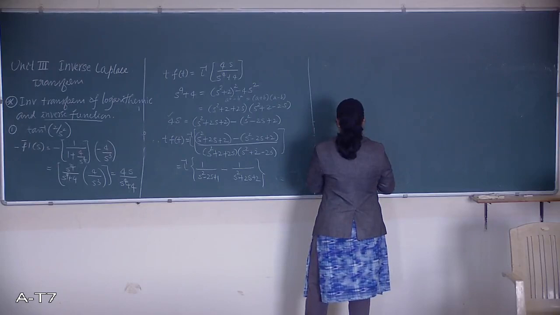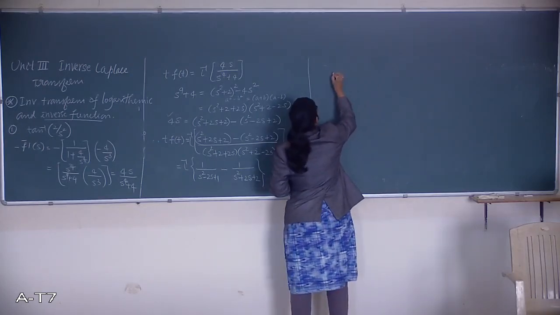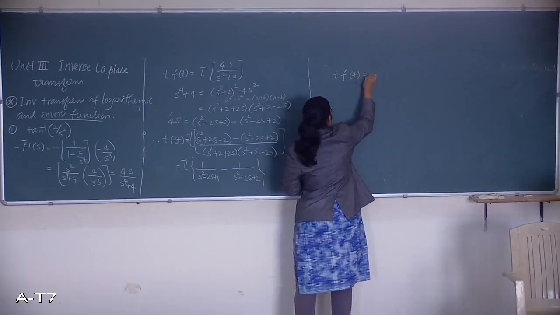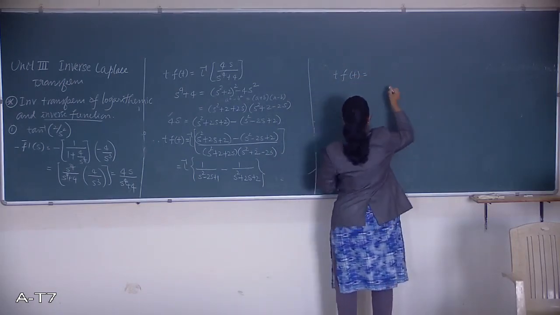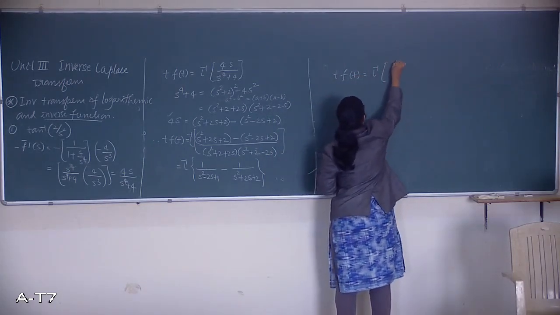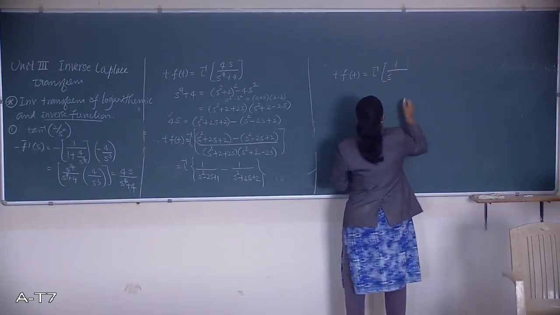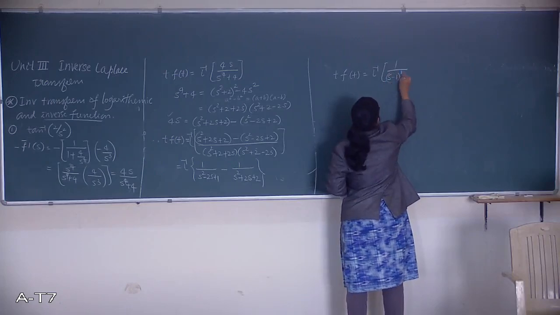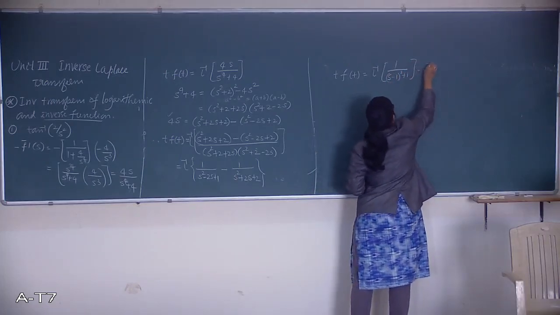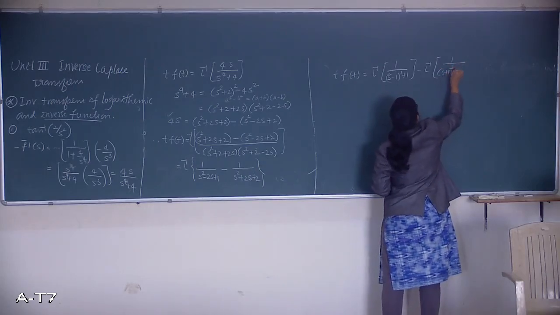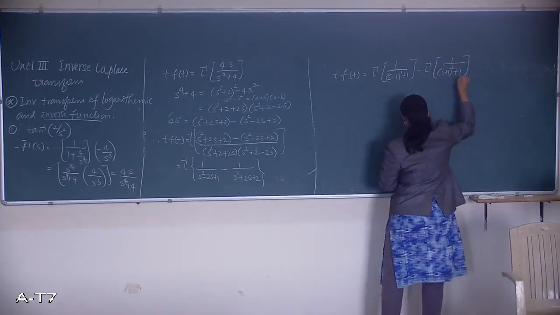When we solve it, that is Tf of t, the simplified form I will be writing L inverse of 1 upon, the first one will be s minus 1 bracket square and plus 1, whereas the second one will be 1 upon s plus 1 bracket square and plus 1.